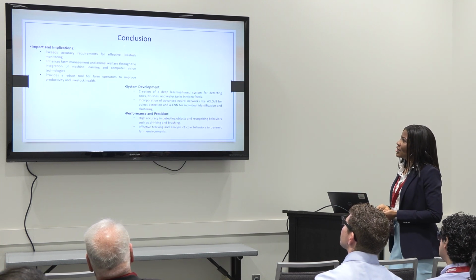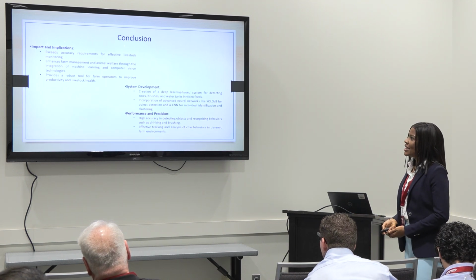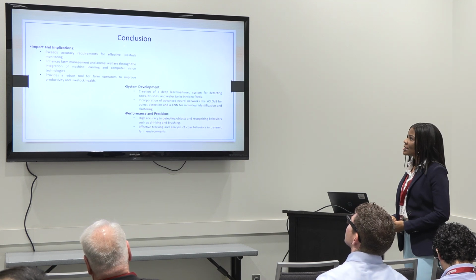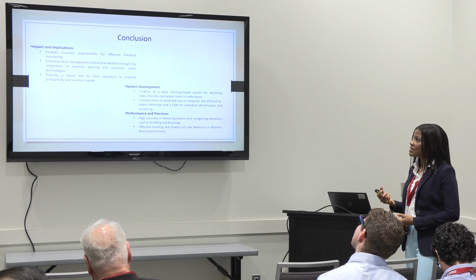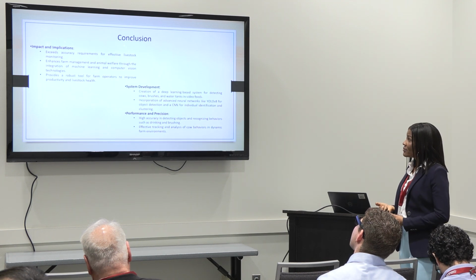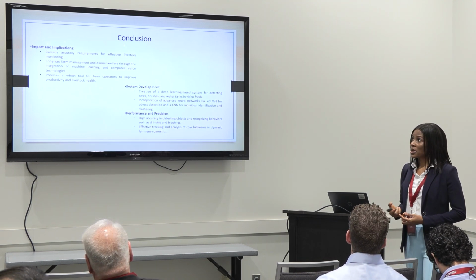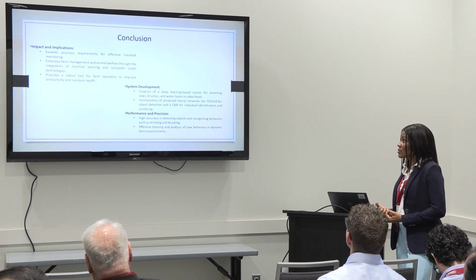And in conclusion, we have a system that meets accuracy requirements for effective livestock monitoring, enhances farm management and animal welfare, and provides a robust tool for farm operators to improve productivity and livestock health.